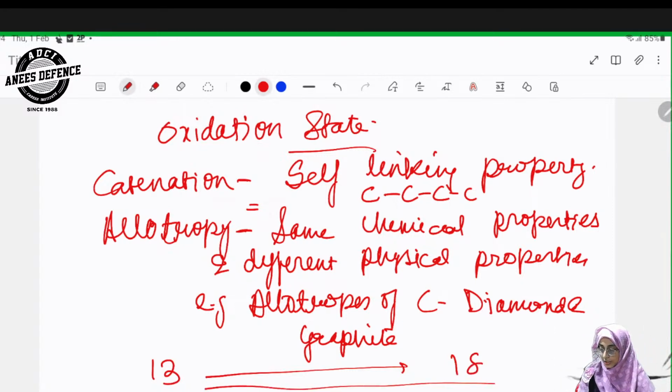As we go from left to right, their reducing property decreases and oxidizing property increases. What is reducing property and oxidizing property? Reducing property means to reduce others. And oxidizing property means to oxidize others by getting reduced themselves.